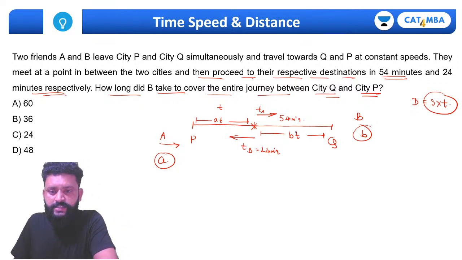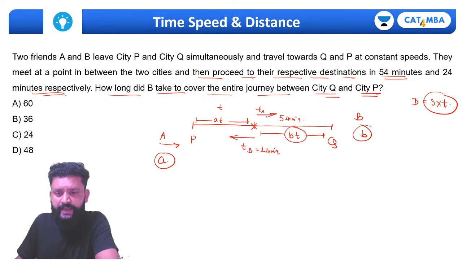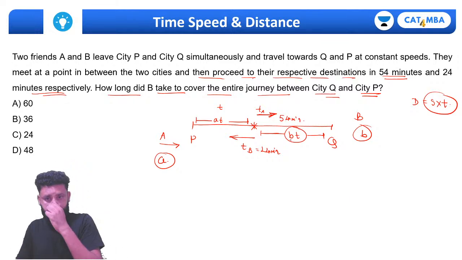Now this distance, bt, has to be traveled by A, and it takes 54 minutes to travel that distance.